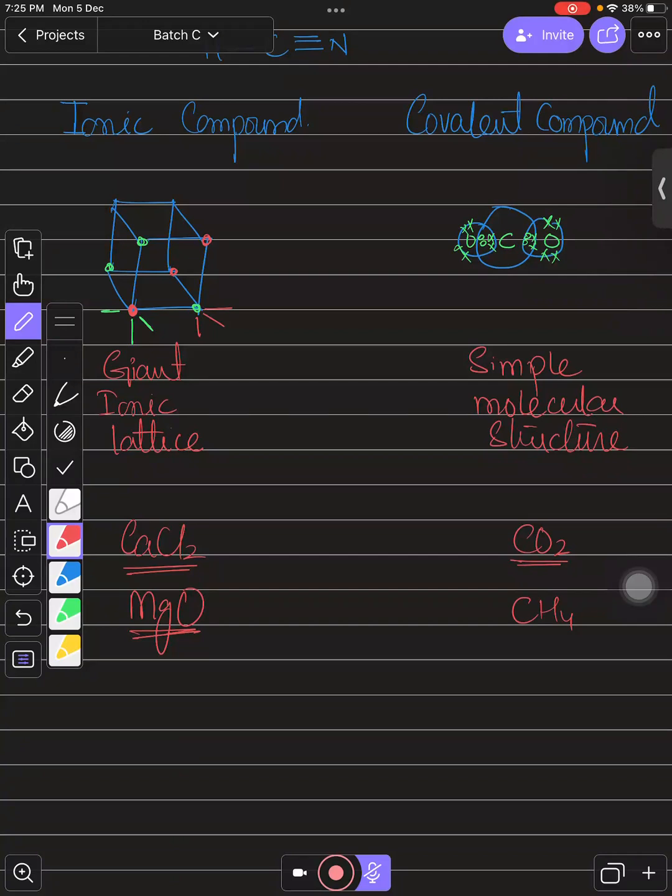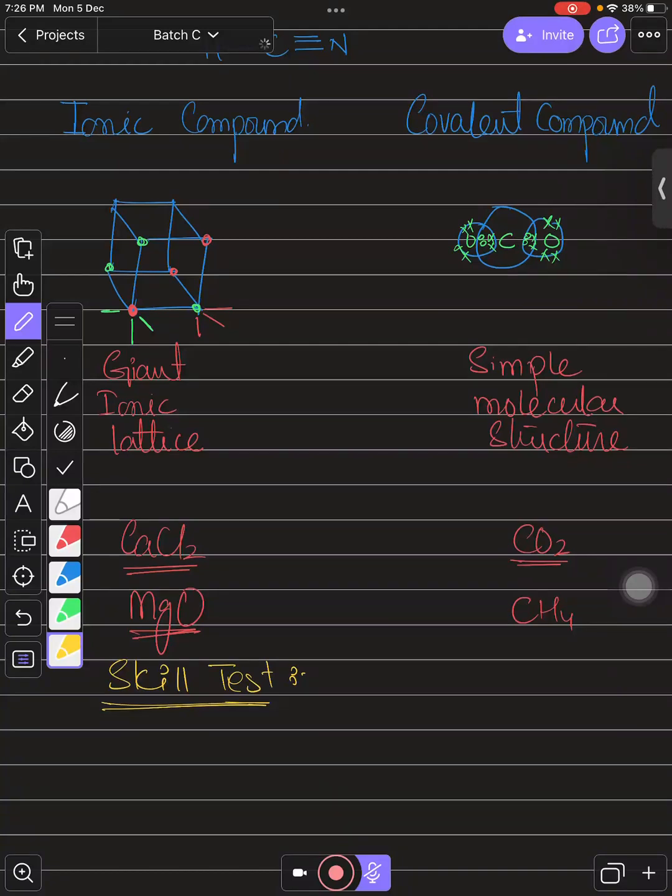Good job. So there is a skill test for you as well. Can you identify the giant ionic lattice and simple molecular structures among these compounds? You need to do this in your copies. You don't need to send me. I am pretty sure that you all can solve this.